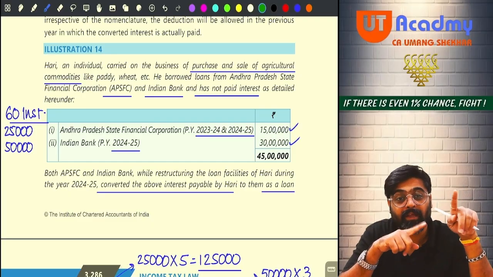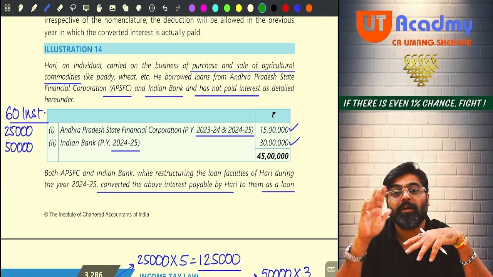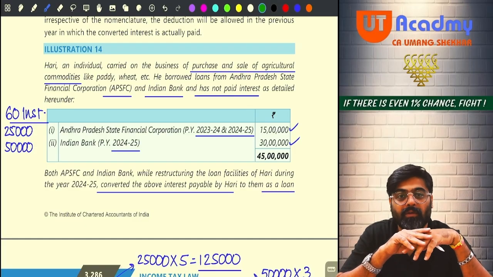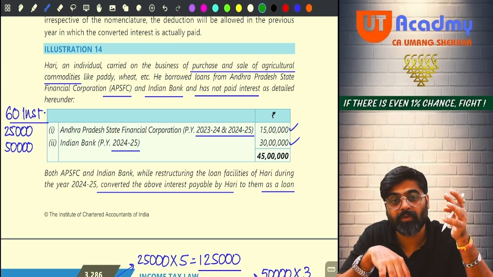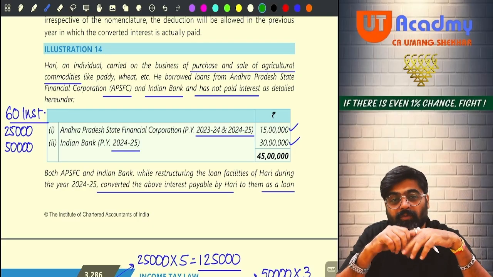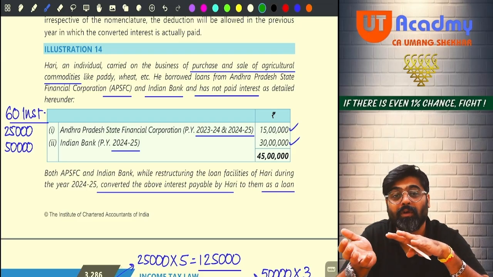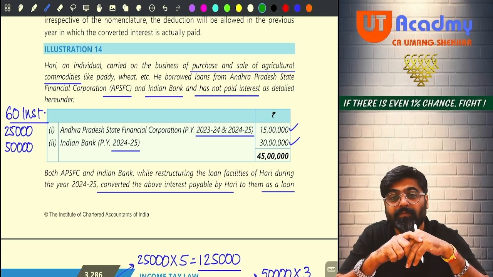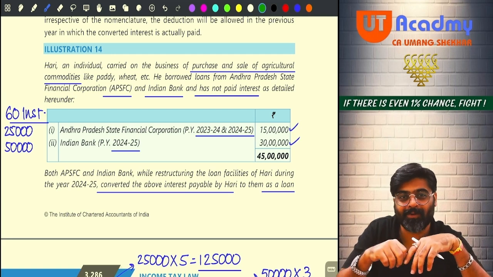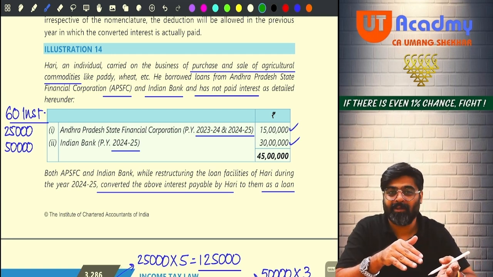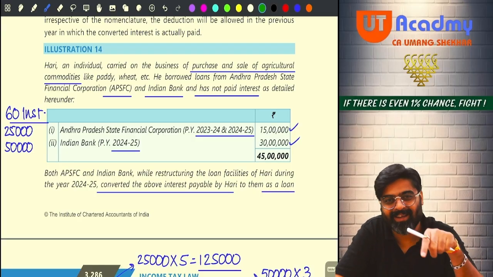Now the bank is rescheduling the loan. Your loan tenure increased, your loan rate reduced, and bank is asking you what to do about this 4 lakh 50 interest which is remaining. You told convert it into loan, and now you are saying, oh, on conversion of this loan of the last 3 years it is paid, and you are trying to claim the deduction.